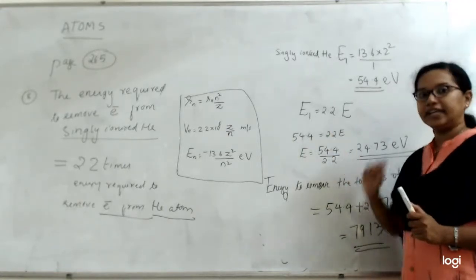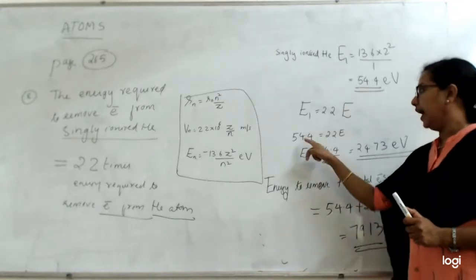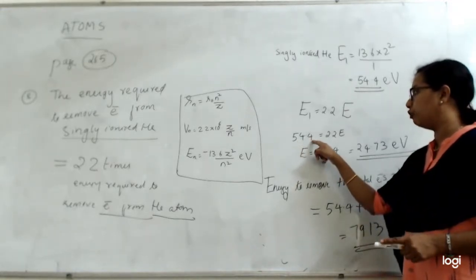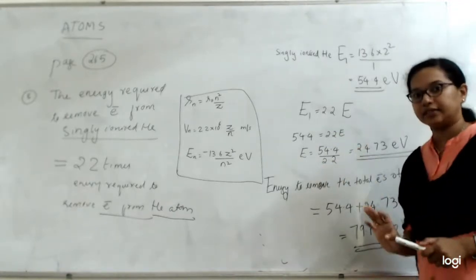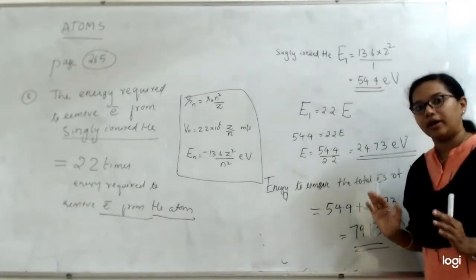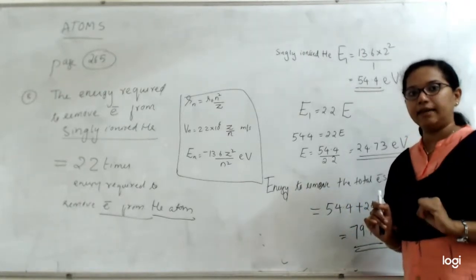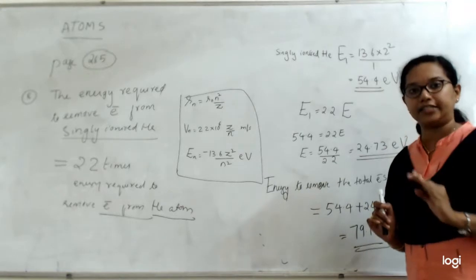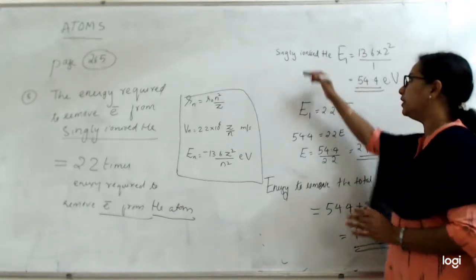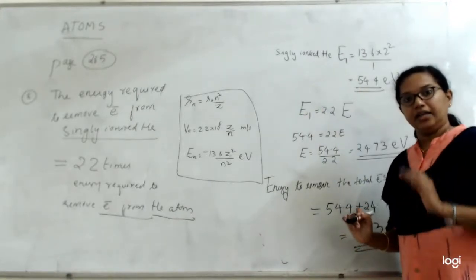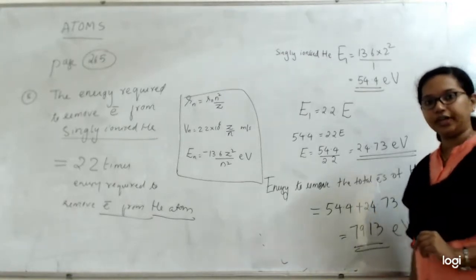Now E1 equals 2.2 E, so 54.4 is equal to 2.2 E. This they have given in the question. Here only one thing you remember: two heliums they are mentioning. One is singly ionized helium, the other one is our normal helium atom. When a normal helium atom loses one electron, it becomes singly ionized helium. Then when one more electron goes, the total electrons are lost. Okay? Next.